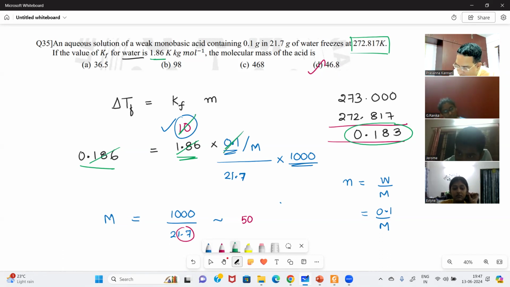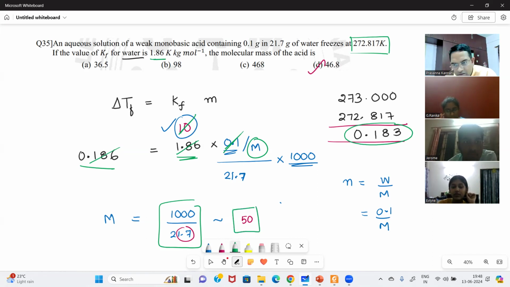This 10 and 0.1 cancel, right? They become 1. And this molecular mass, you take it to the other side. So M will be equal to, basically we are left with 1000 by 21.7, correct? But I don't want to do that calculation also. So what did I do? I just made the 21.7 as 20. So what is 1000 by 20, Evelyn? 50, sir.